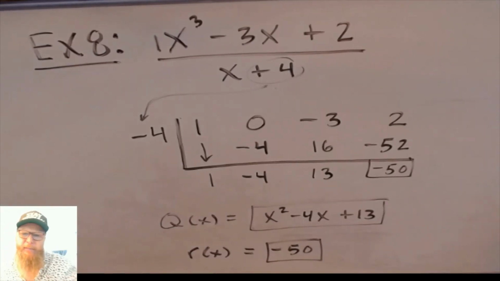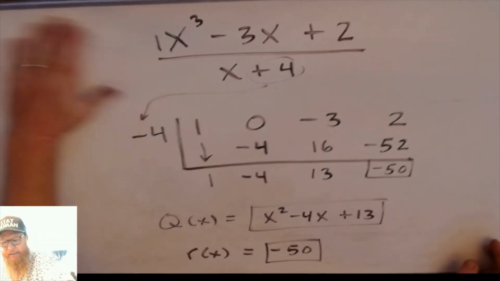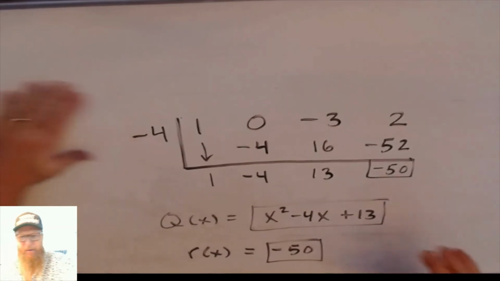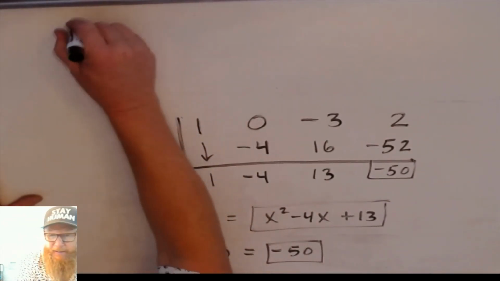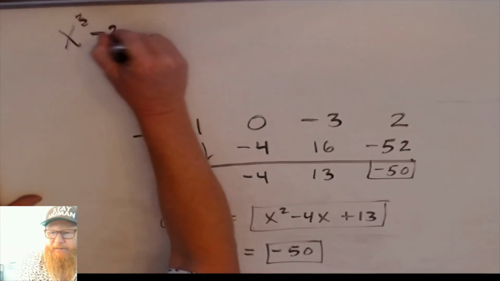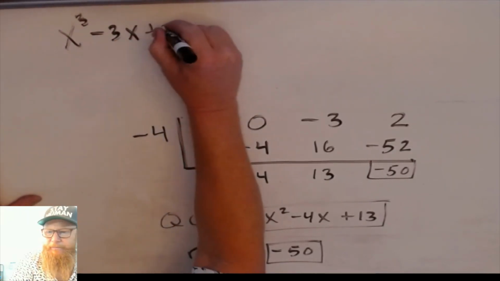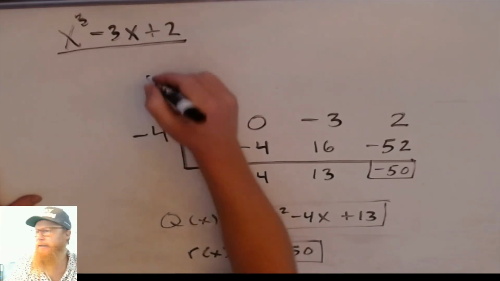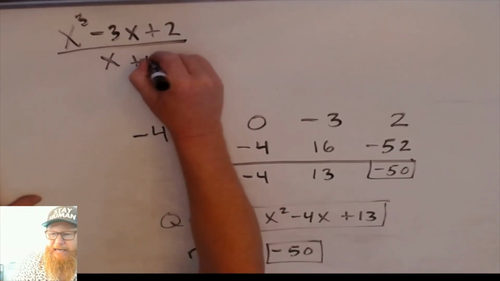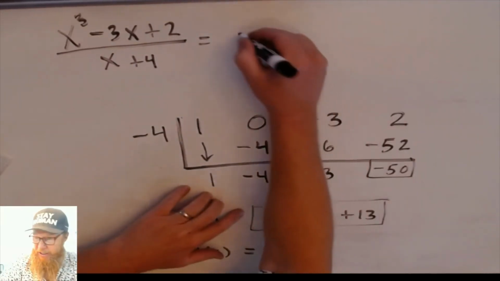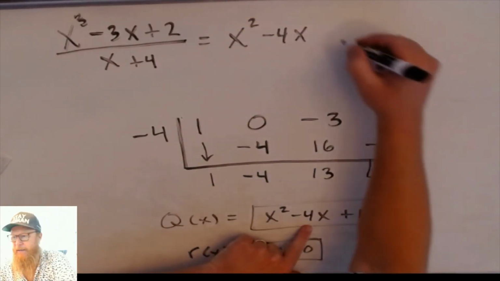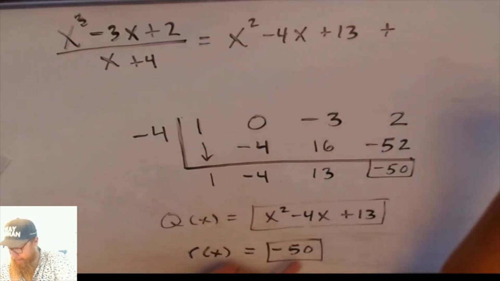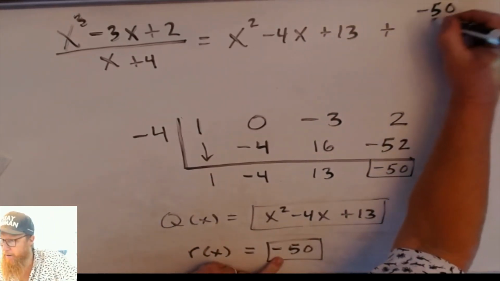Okay, since this is my last example, I'll go ahead and dress up the final answer. There are several forms. There's p of x over d is equal to q plus r over d.